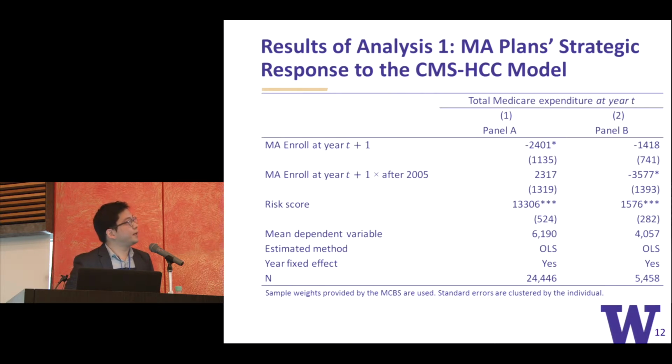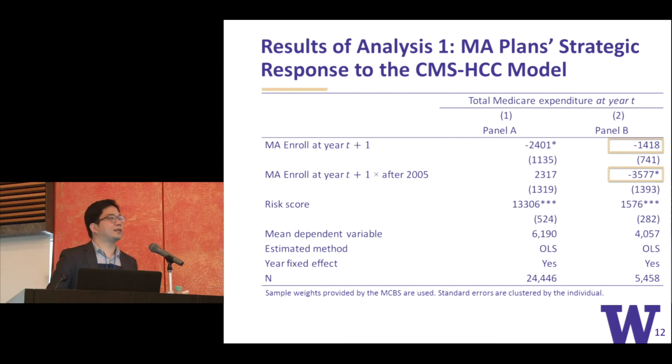But for panel B, this is the value of beta 1. So in the pre-ACC period, compared to people switching to FFS plans next year, people staying in MA plans spent $1,418 less in the baseline year. But the sum of beta 1 and beta 2 increased by $4,996.